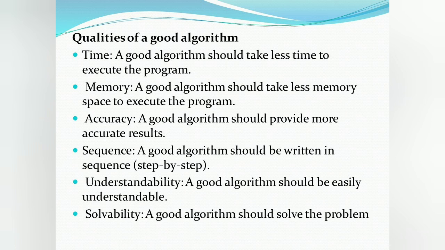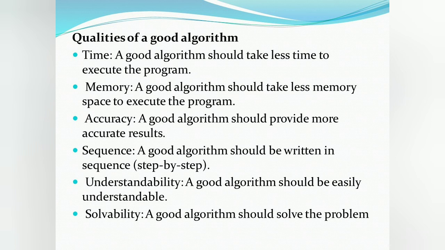The next factor is sequence. The procedure of an algorithm must form a sequence, and some of the instructions of an algorithm may be repeated a number of times until a particular condition is satisfied. Next, a good algorithm should be easily understandable, that is understandability.